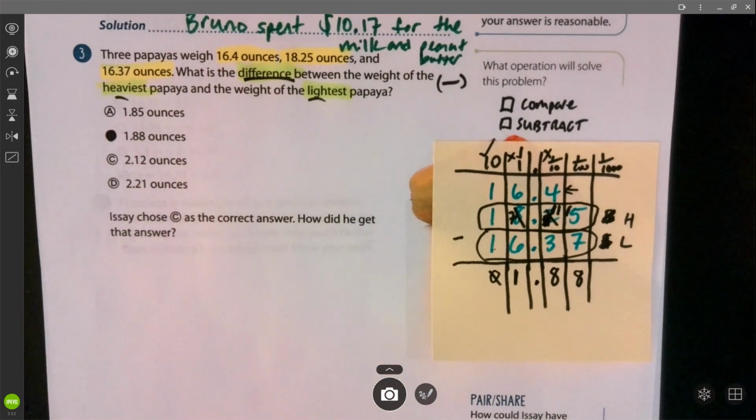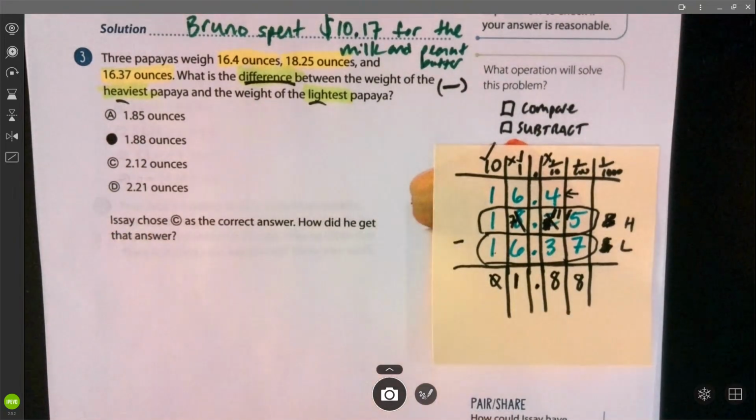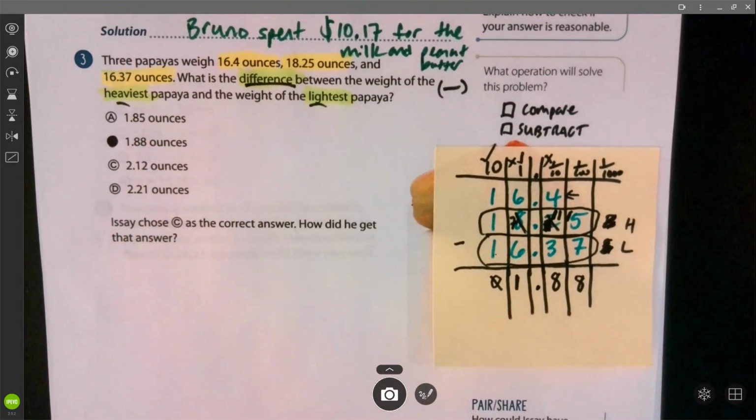I say chose C as the correct answer. How did he get that answer? He said 2 and 12 ounces is his correct answer. Well, we might want to say that he regrouped wrong, but let's dive in a little closer to see what he did there.